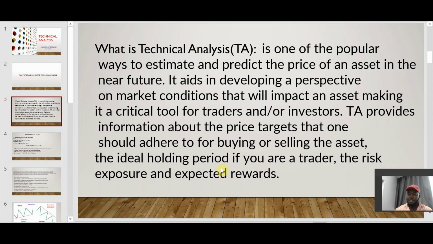It creates the environment of what's going to happen in the near future, maybe in different time frames. As we go on, I'm going to show you how you can navigate using different time frames to know the type of trade you're going to make.